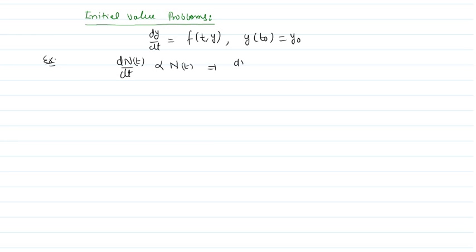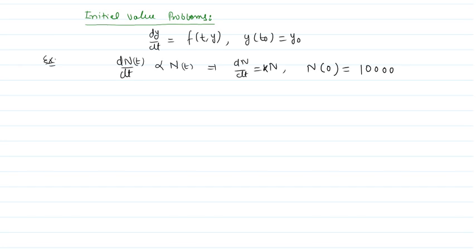So from this you get dN/dt equal to kN, and let us say initially when t equals 0, we know there are 10,000 people. Also there would be a constant of proportionality, and of course this is a differential equation with one condition.